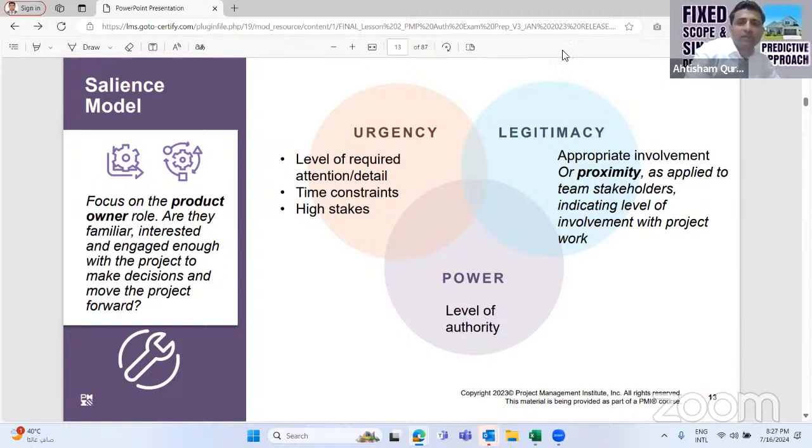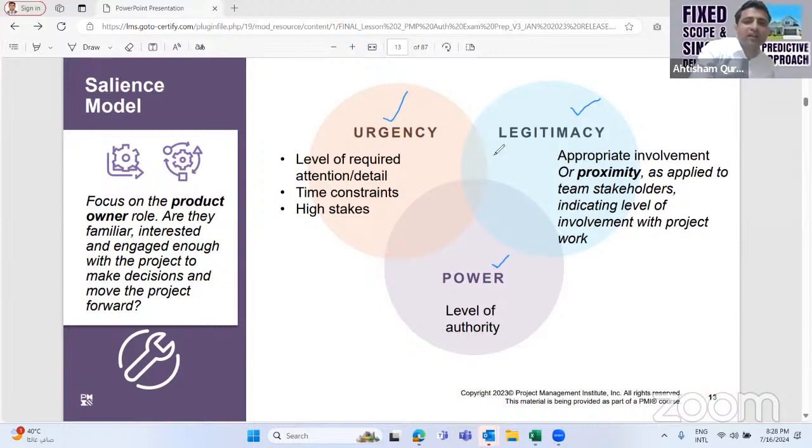Power means power, influence, and legitimacy means the involvement or the interest level. Urgency is another categorization, where the stakeholder needs something now. The expectation is so high that they want something tomorrow morning. So urgency is one more factor within the salience model, along with the power and the legitimacy of the stakeholder.